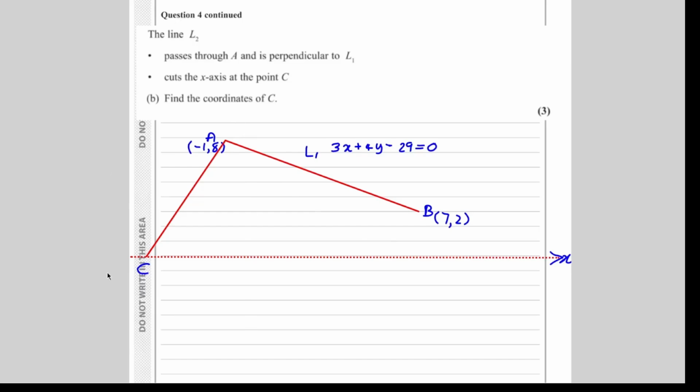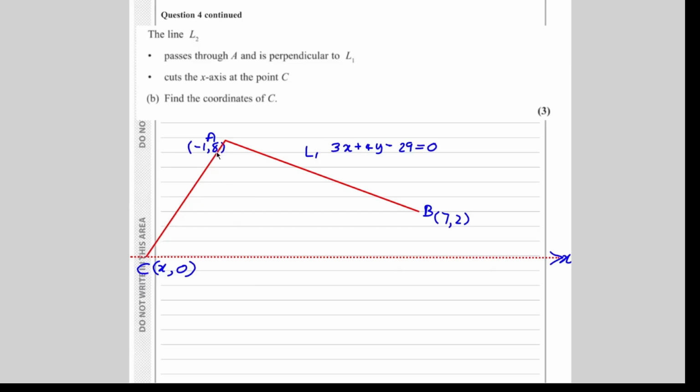If you want, you can label it. So we know that on the x-axis, no matter where you go, the y-coordinate is 0. So we have the y-coordinate of this point C. We have to get what? The x-coordinate.